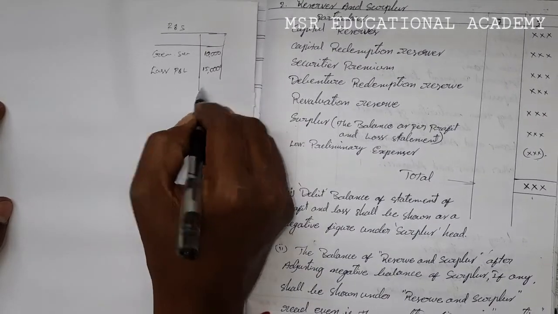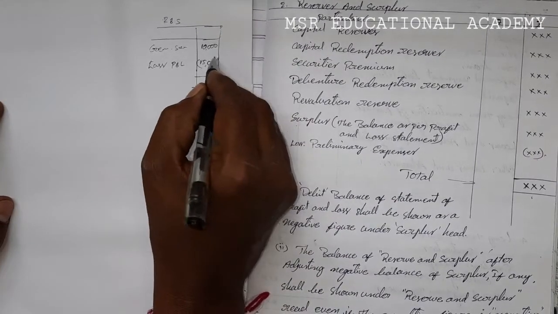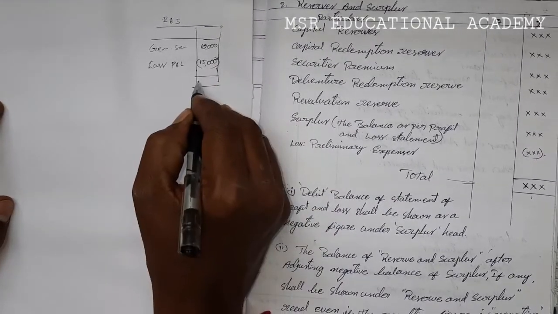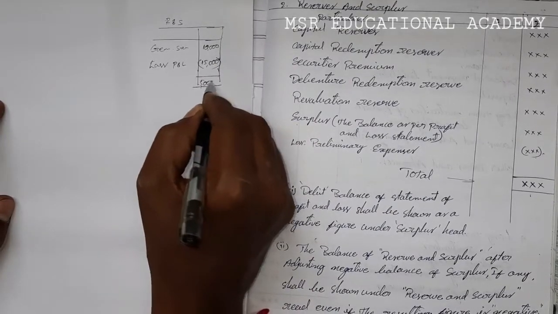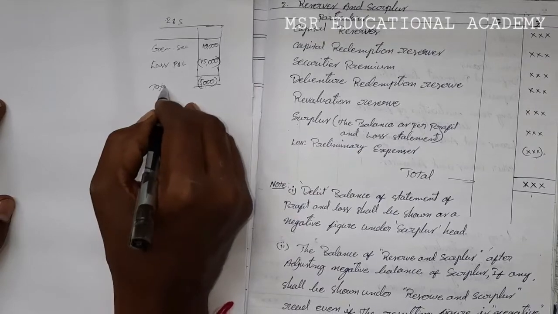There are no other reserves. In this situation, this is a loss, no? So negative, then 5,000 is only the negative value, so that is the total.